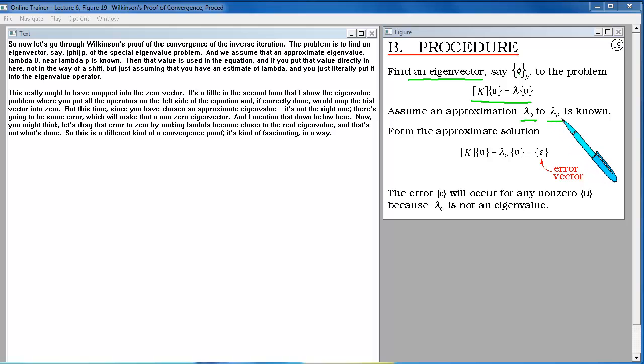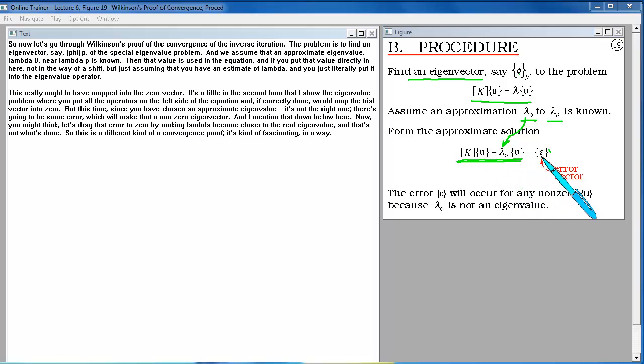Then that value is used in the equation, and if you put that value directly in here, not in the way of a shift, but just assuming that you have an estimate of lambda and you just literally put it into the eigenvalue operator, this really ought to have mapped into the zero vector. It's in the second form that I showed the eigenvalue problem, where you put all the operators on the left side of the equation. And if correctly done, it would map the trial vector into 0.